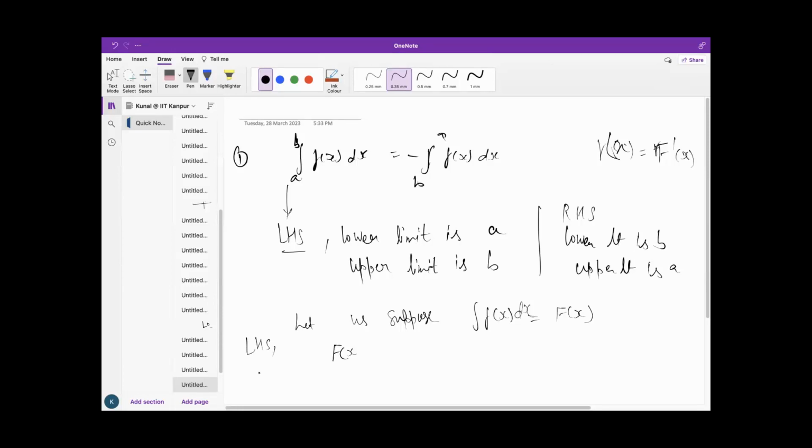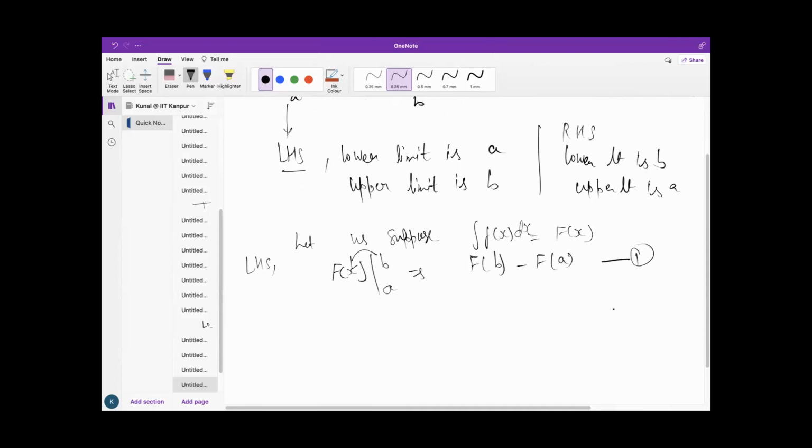So Fx from a to b. What we get, we have to first insert the upper limit, and then insert the lower limit. So we get Fb minus Fa. This is our equation 1.